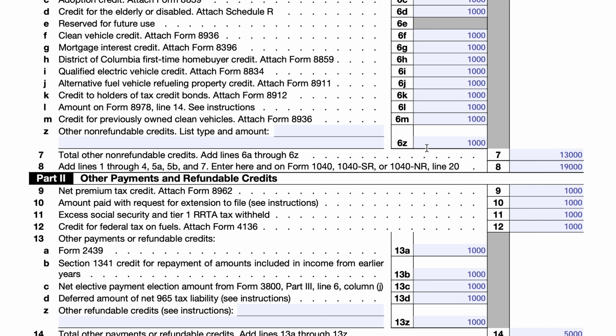If you received an advance payment, then you may need to reconcile that and report any overpayments on Schedule 2 as a tax. So basically, if you're eligible for premium tax credit, let's say $300 a month, that would be $3,600 a year. So you received an advance of that.